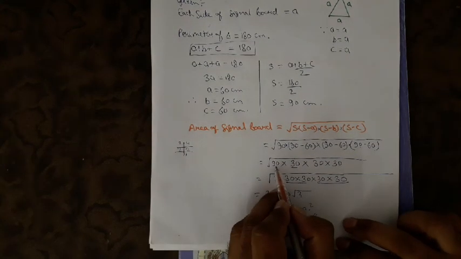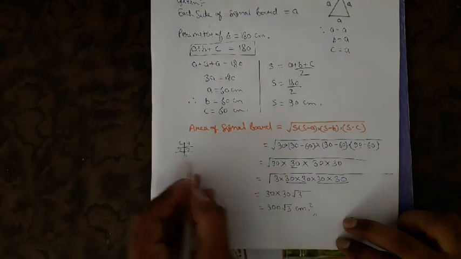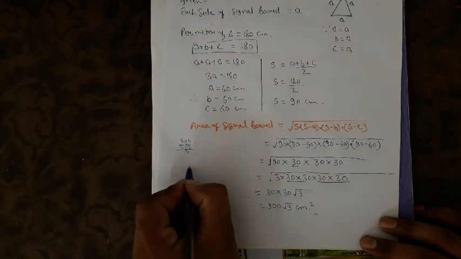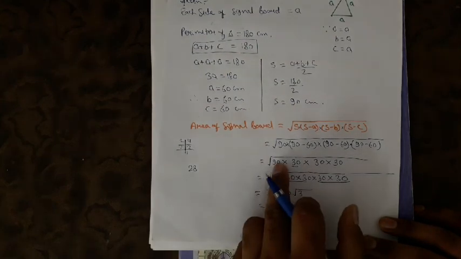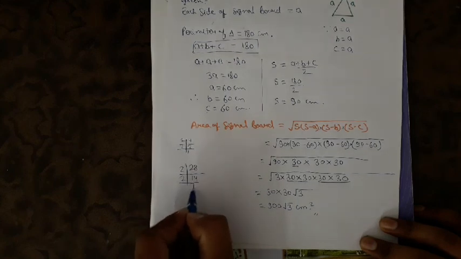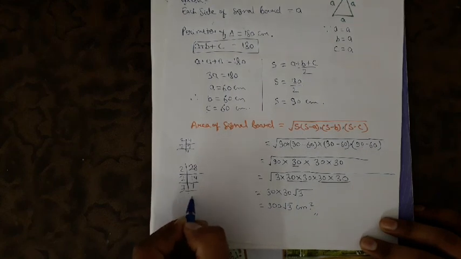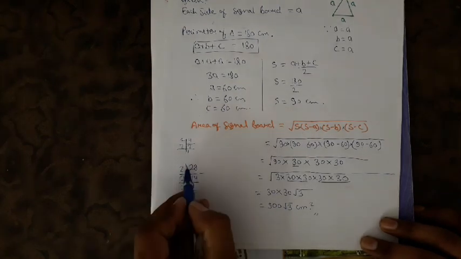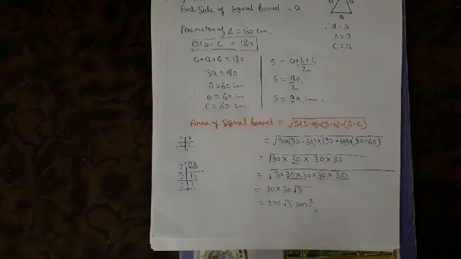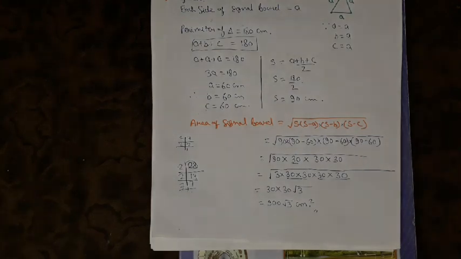Suppose we get 28, then what will I do? I'll make the factors of 28: 14, 7 and 7. So instead of 28, I'll write 2 into 2 into 7. Understand? Then make the pair of two digits, take one digit out, and then solve it.